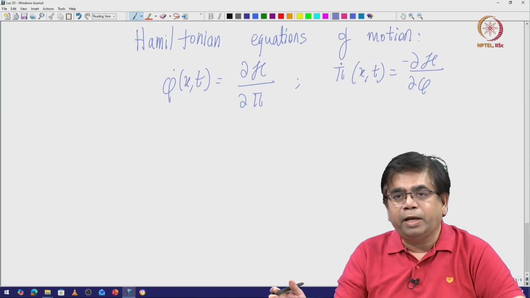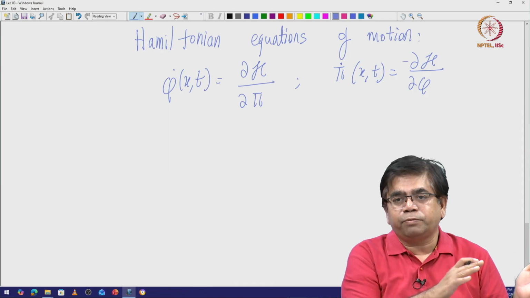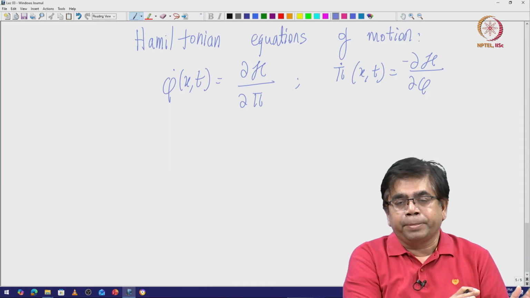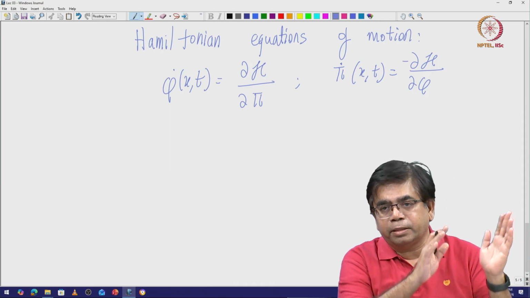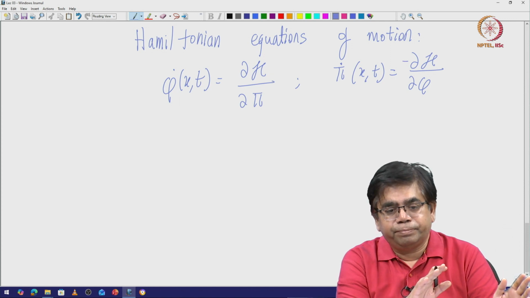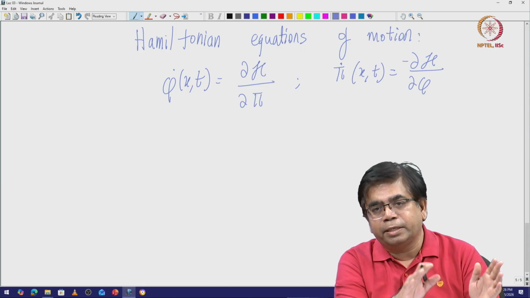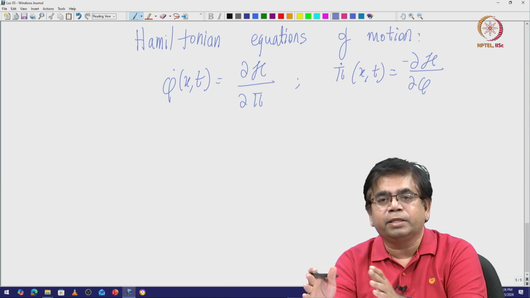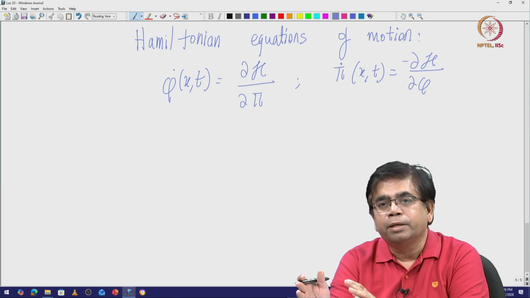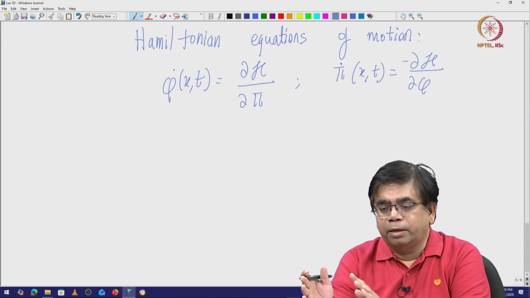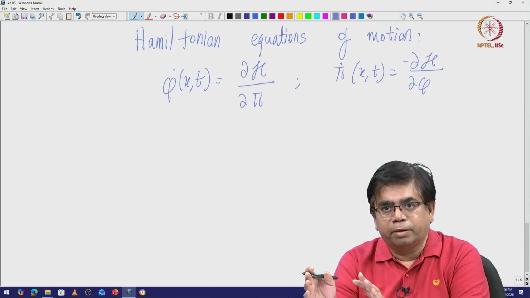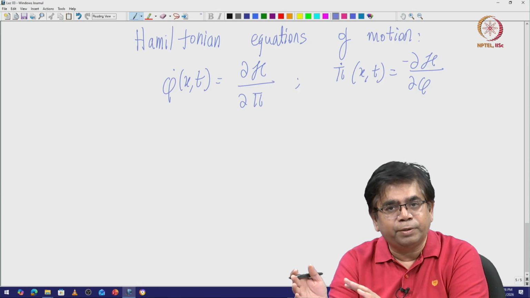So with this, what we have shifted is we have transformed from particle description of the Lagrangian method to a field theory, classical field theory description of the Lagrangian and Hamiltonian methods.